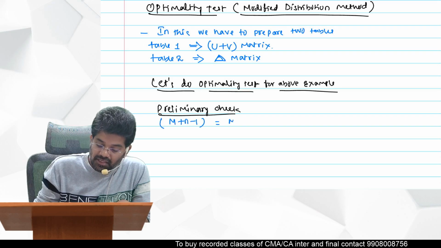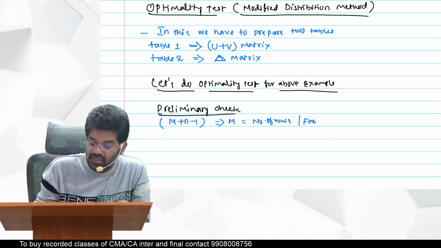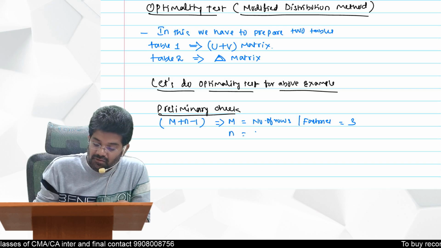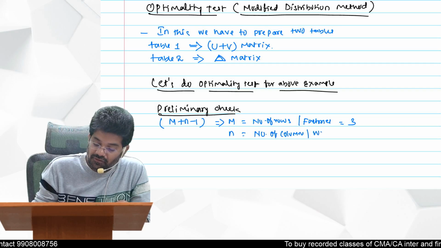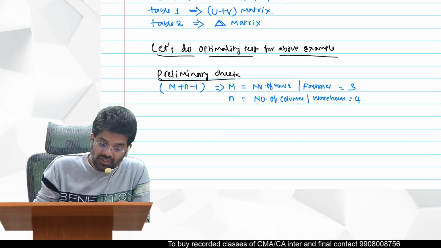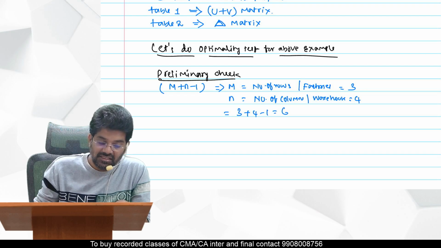M is equal to the number of rows, which are nothing but factories in our example. How many factories? 3. N is equal to the number of columns, which in our example are warehouses. 4 warehouses are there. So 3 plus 4 minus 1 is equal to 6.